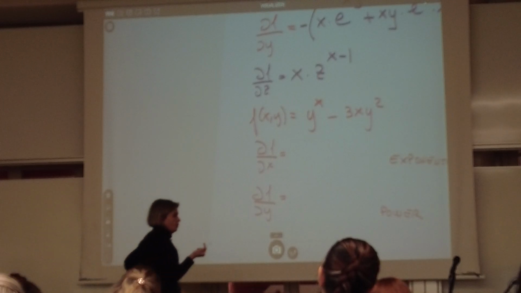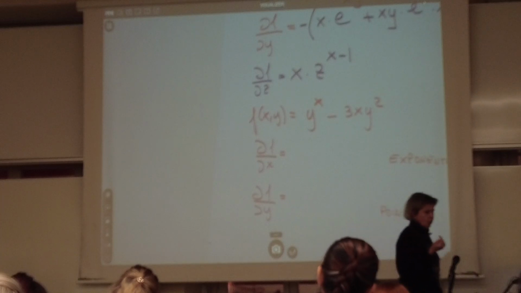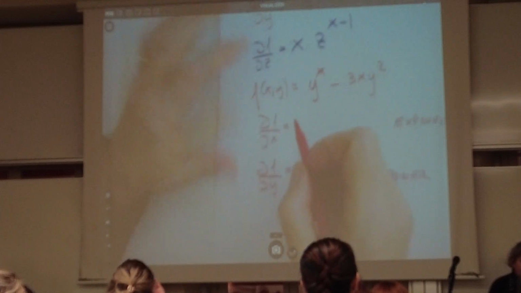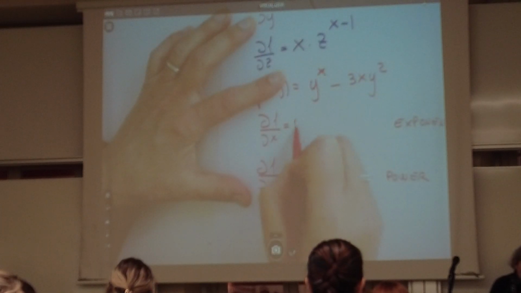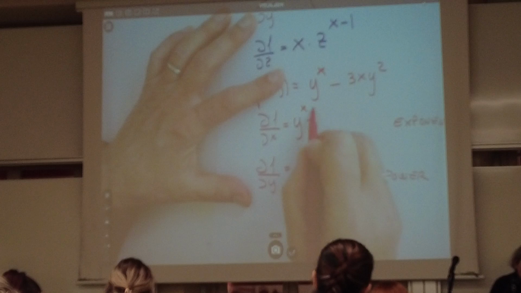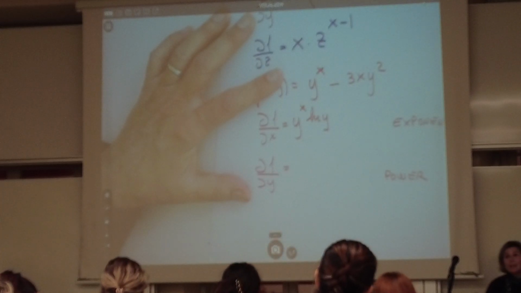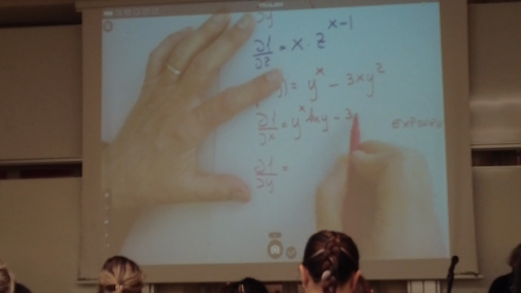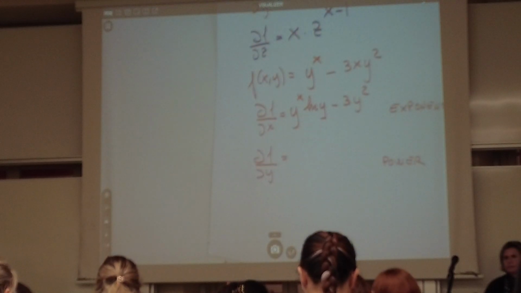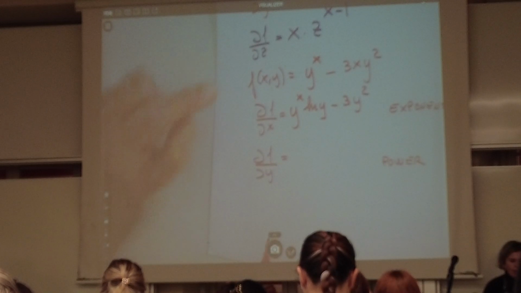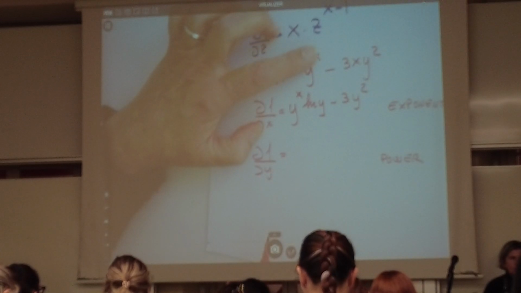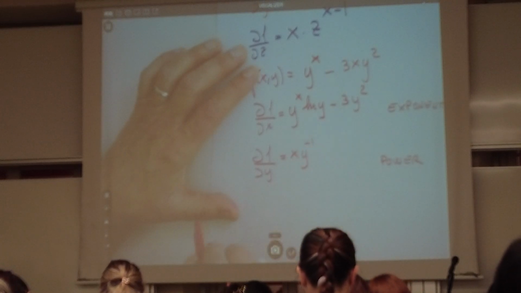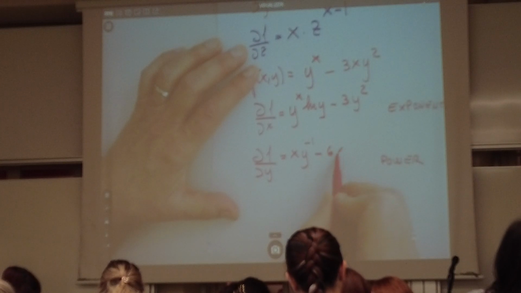So as we developed before, when you derive with respect to x, you have y power x log of y, because y is the base. And very simple in the second part, minus 3y squared. And when you derive with respect to y, again you have x y to the x minus 1, minus 6xy.